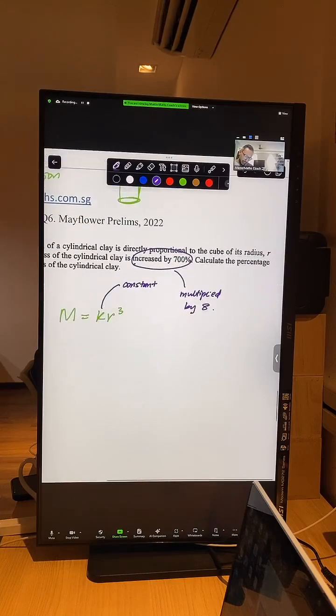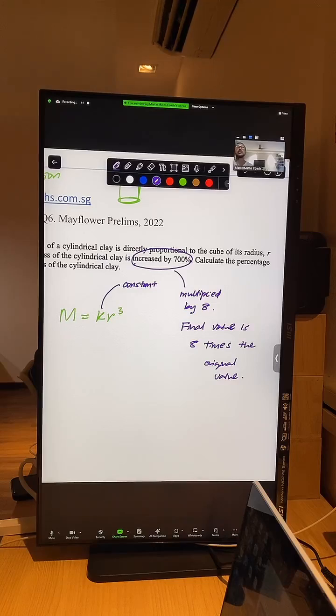Or I can say the final value is 8 times the original value.